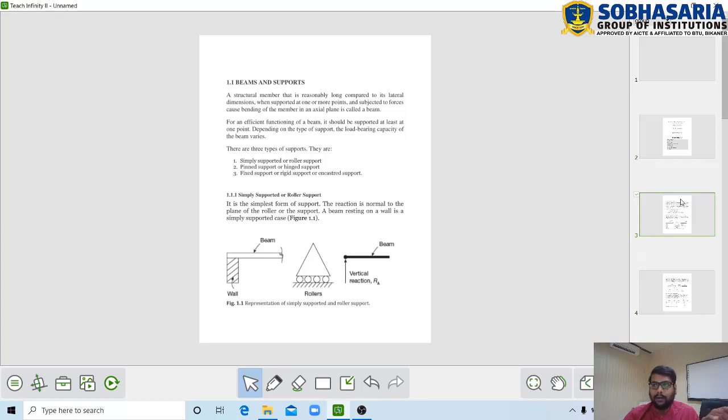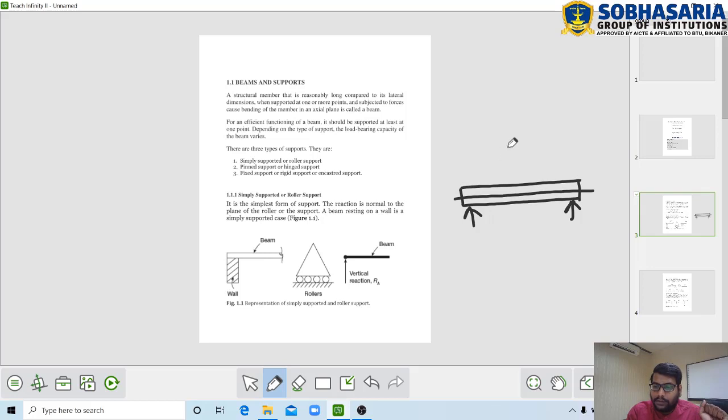Transverse loads means, like you can see, I will draw a beam. Suppose this is a beam, maybe we will provide some supports to it. So, if you see, this is the neutral axis.